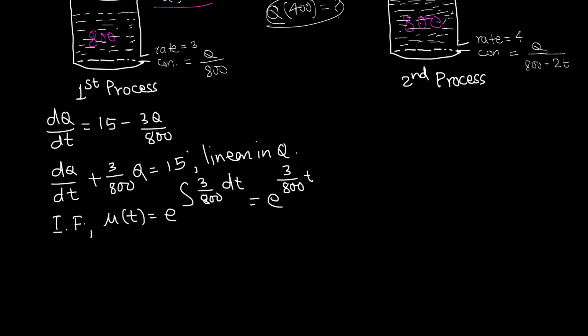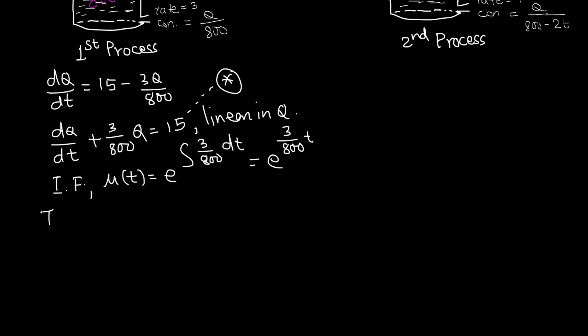Now we multiply this linear ODE by the integrating factor, and the left-hand side is the derivative of the dependent variable times the integrating factor. Let me write mu for now, equals the right-hand side multiplied by the integrating factor, so 15 times e raised to 3/800 t. I'm writing mu just to save space.